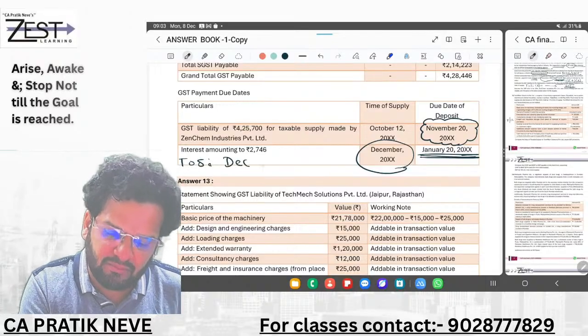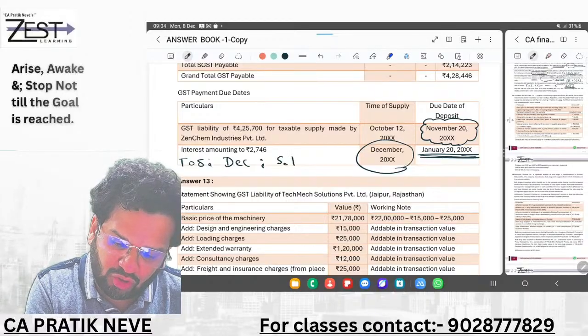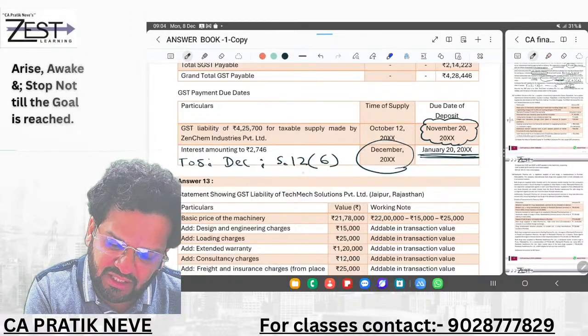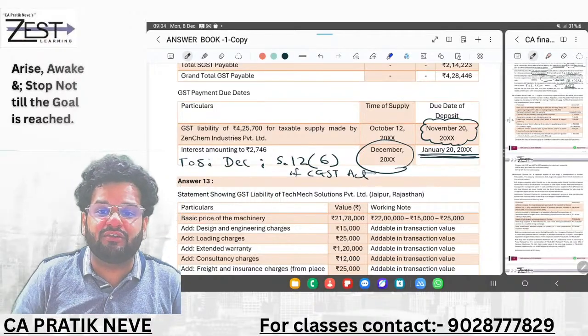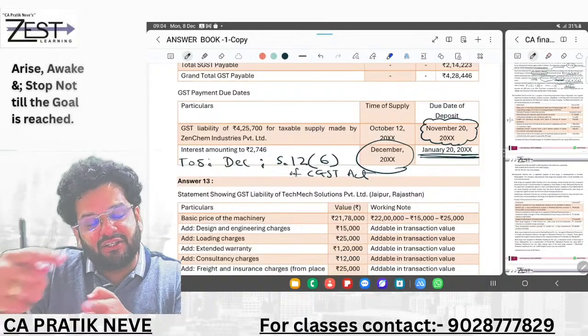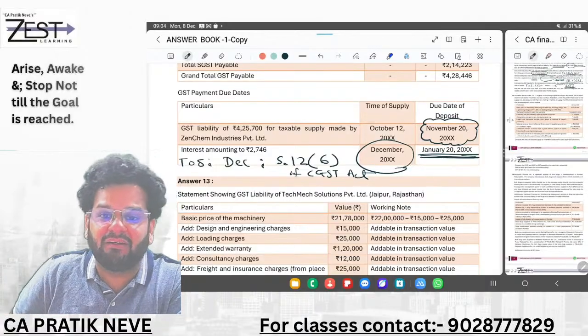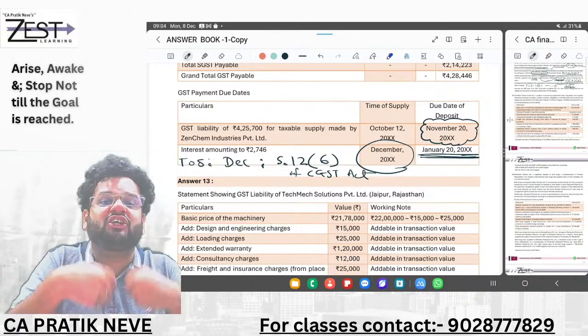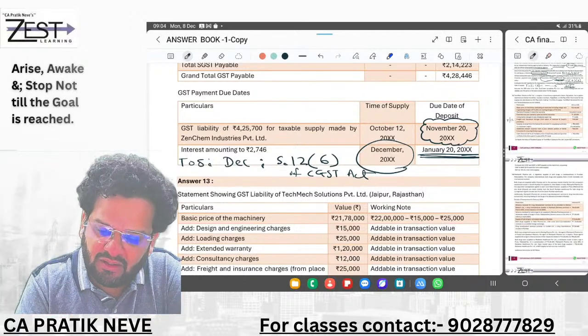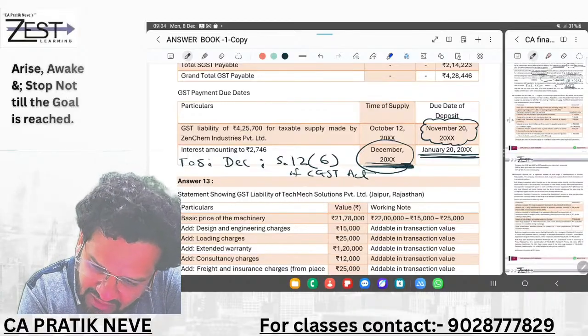Why is it December? As per section 12, subsection 6 of CGST Act, for interest, late fees, penalty which is paid by recipient of supply for delay in payment, the time of supply is actual date of receipt of such consideration. So actual date of receipt of that consideration is December.